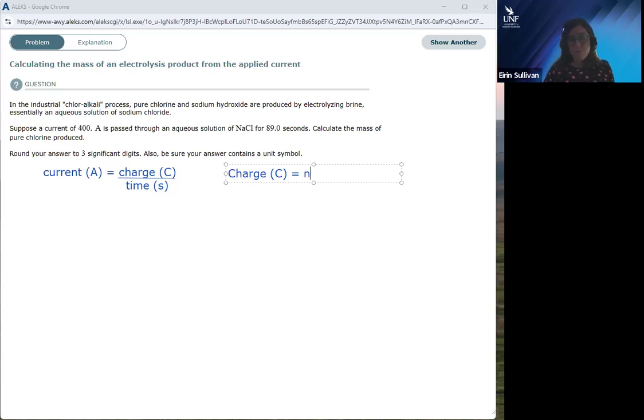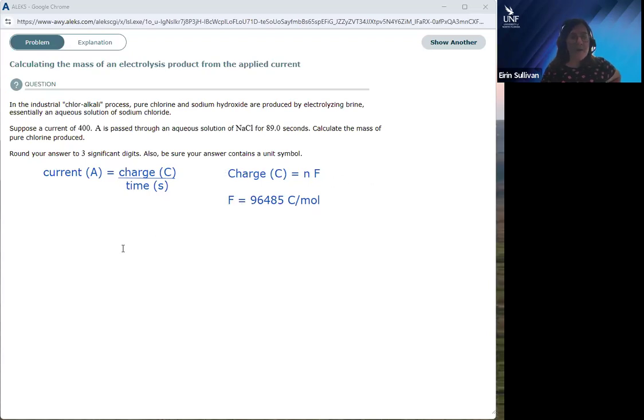Charge is equal to n, the number of moles of electrons transferred during a redox process, times F, the Faraday constant, which is 96,485 coulombs per mole. Unit-wise, coulombs per mole times moles gives you charge in coulombs.